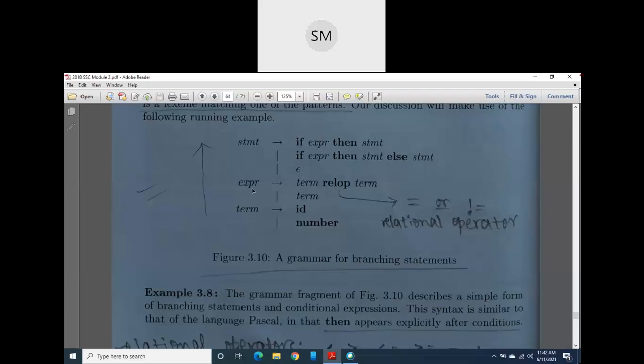If you write only a and eliminate less than b, then also a is called an expression. If you write only b, it is also an expression. So expressions can be a term followed by a relational operator followed by a term, or else an expression will be only a term. Clear? Now our question is how to define the term, how exactly the term looks. What do you mean by term? In relational operator, just now one example I told you, a is less than b. So a and b I have taken as terms here, right?